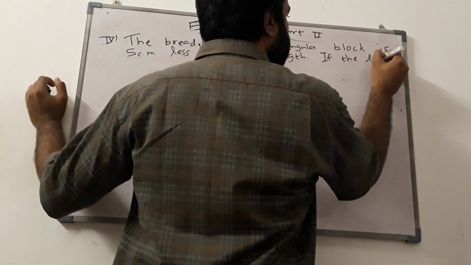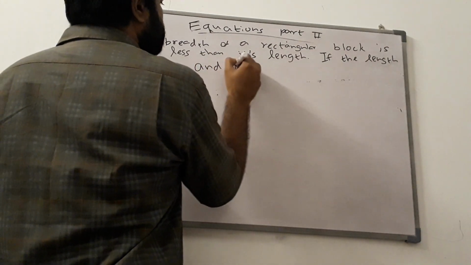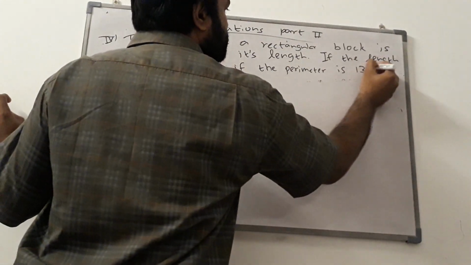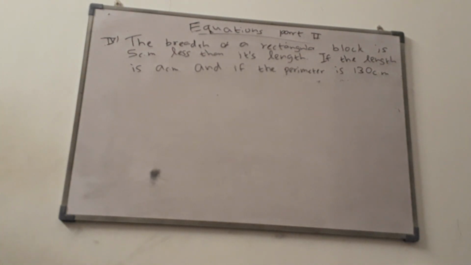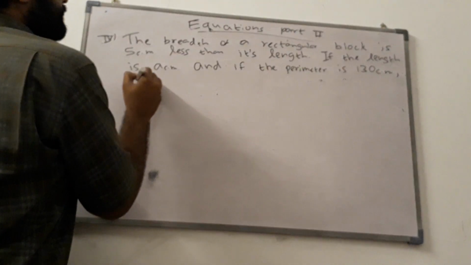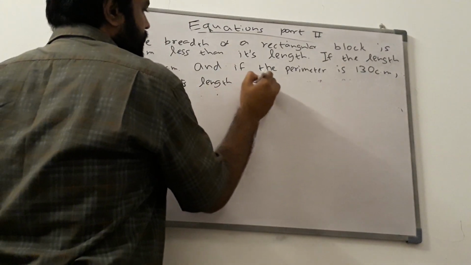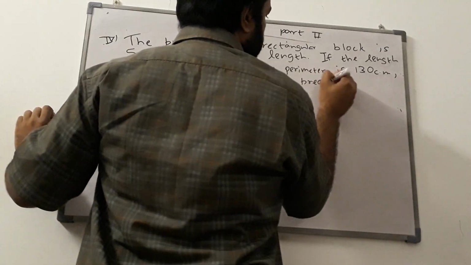If the length is a centimeters, and if the perimeter is 130 centimeters, find its length and its breadth.